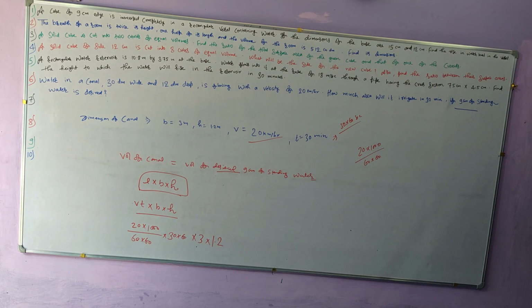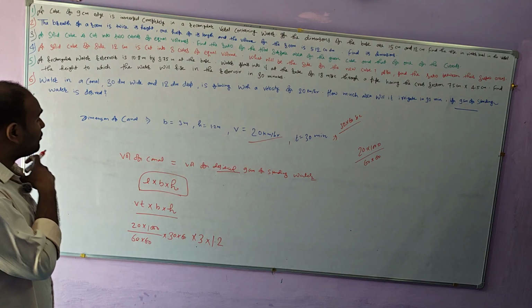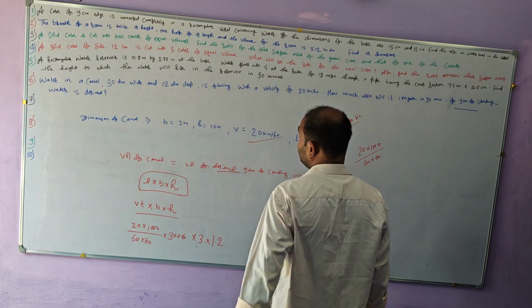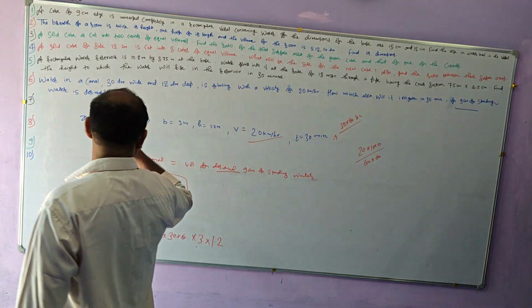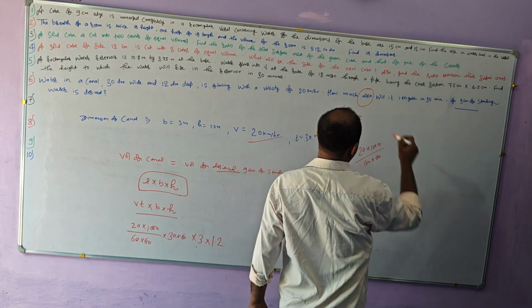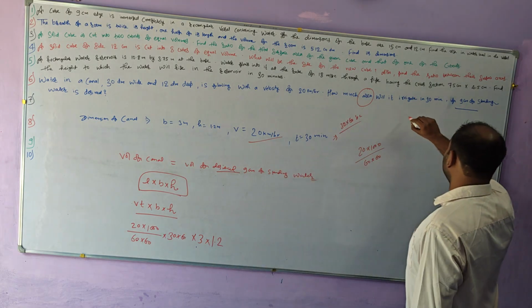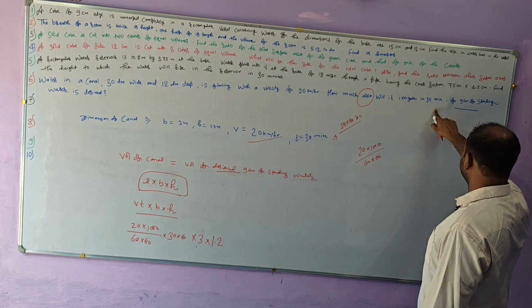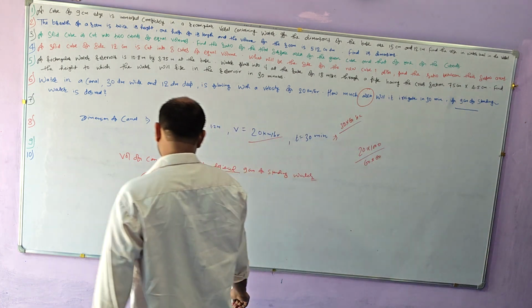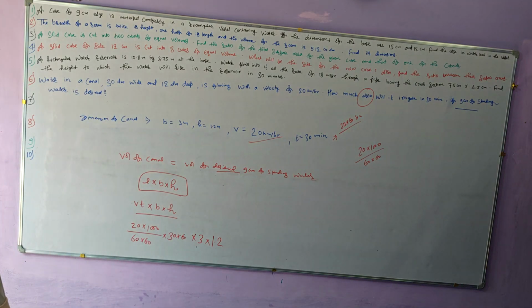So we got this, and that is equal to the volume of desired 9 centimeter of standing water. And here we need to find the area. How much area will it irrigate in 30 minutes if 9 centimeter of standing water is desired.